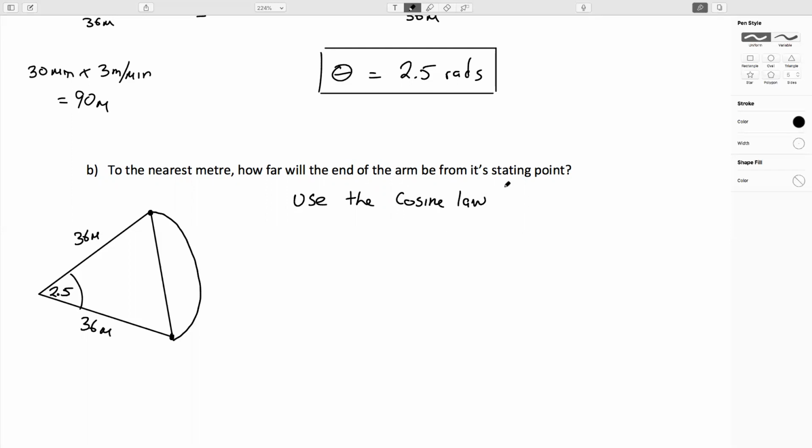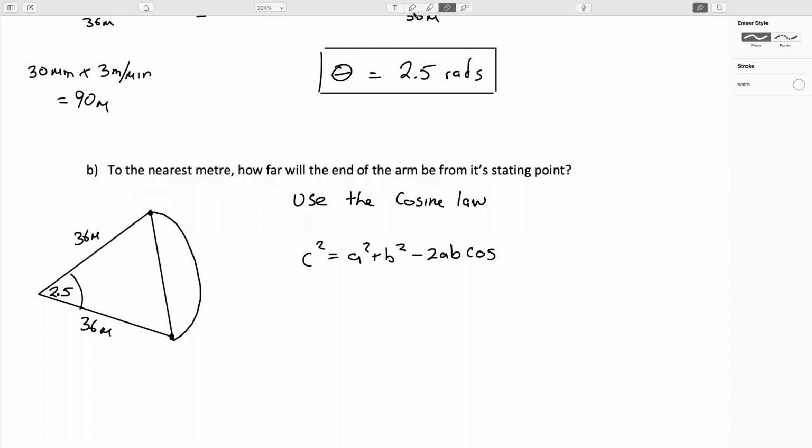I hope your teacher didn't teach you 3 different versions of it last year. There's really just the one, and it depends on sort of what sides you're talking about. You can rearrange it to solve for different versions, but you don't need to memorize 3. So c squared equals a squared plus b squared minus 2ab cos C. And I should probably be careful.